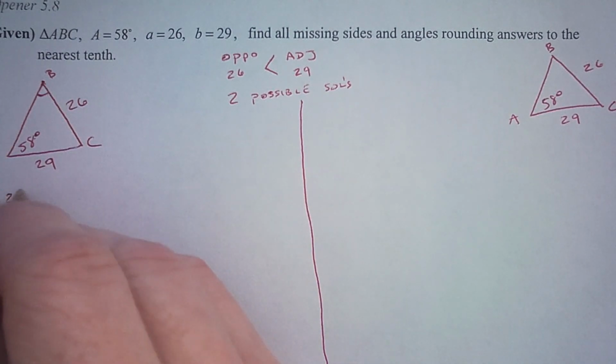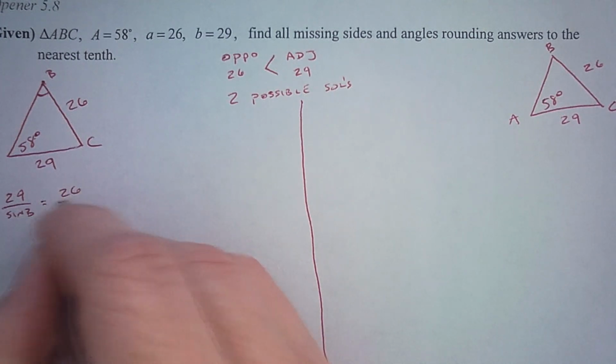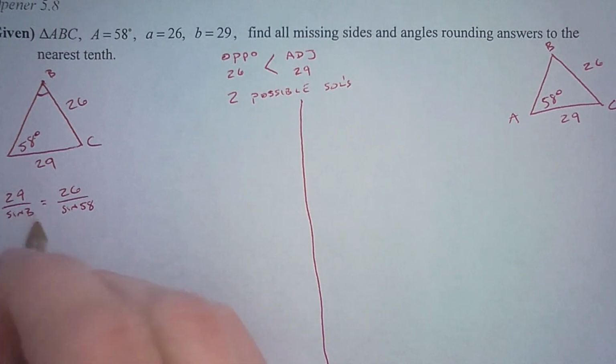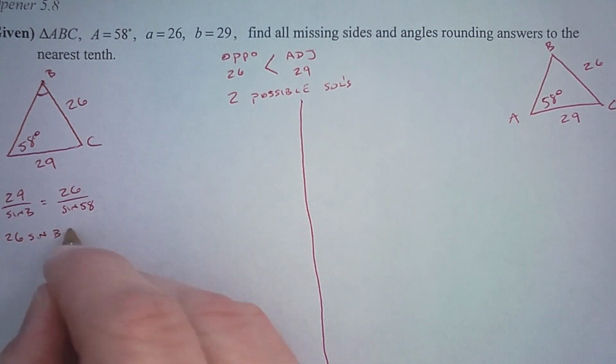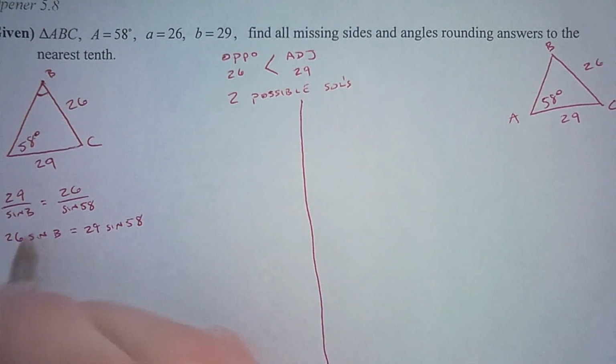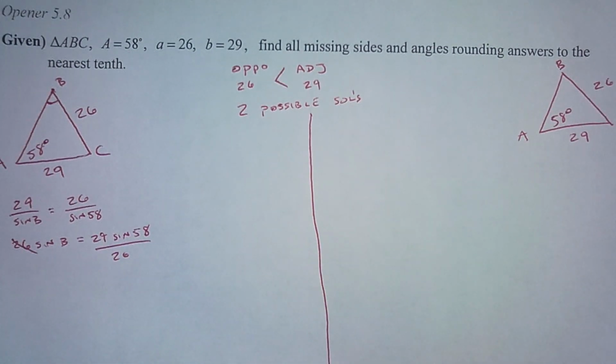So 29 over sine B is equal to 26 over sine 58. Okay, so we have 26 sine B equals 29 sine 58. And we divide by 26. And then we do inverse.